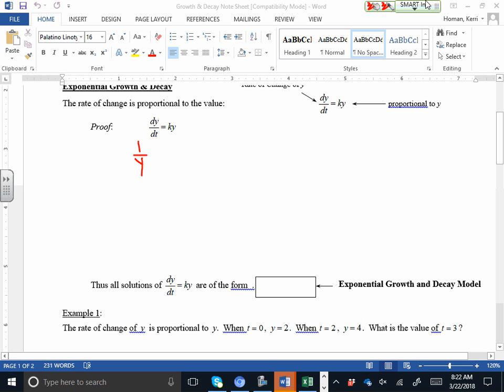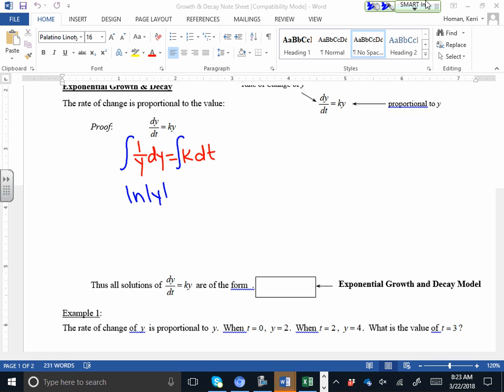So we have 1 over y dy equals k dt. Looks familiar. The antiderivative of 1 over y is the natural log of the absolute value of y. The antiderivative of k dt is kt, plus c.